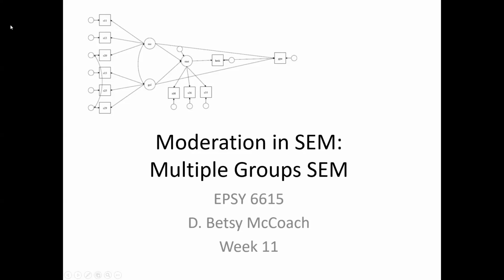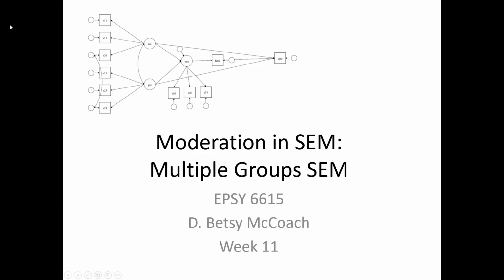Remember, we can put in parentheses a number or a letter or a word. So if we want to constrain the error variance for math 1 to be equal across the groups, math 1 is already up here in the full model, and then we put math 1 in the second model and give it the same number or letter or word, which tells it to be constrained across groups. In the original model, before you want to constrain error variances, you don't have to say anything about them.